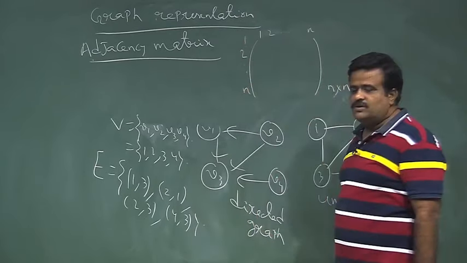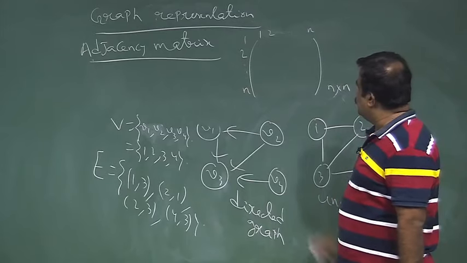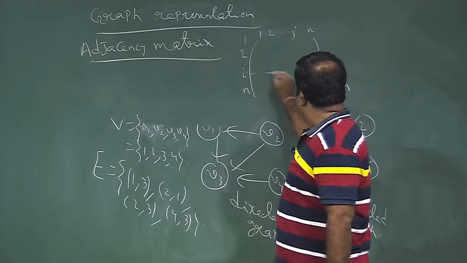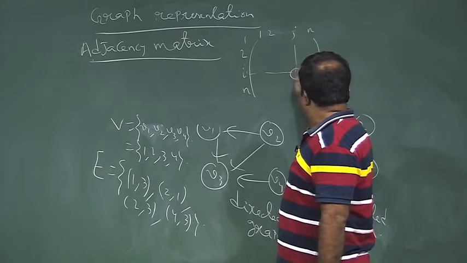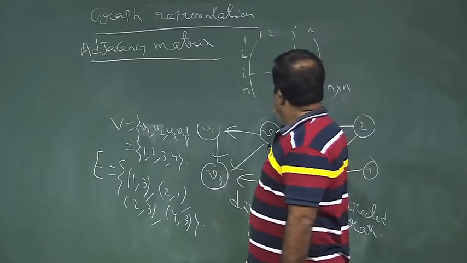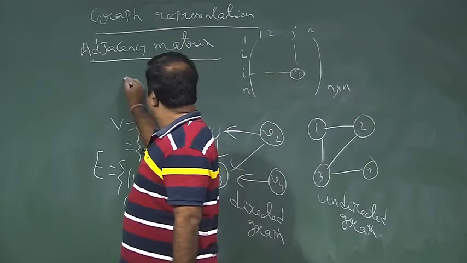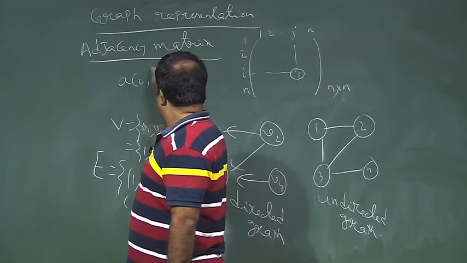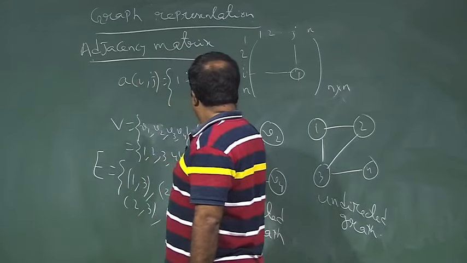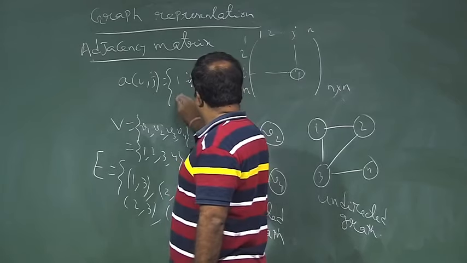This matrix will be a 0-1 matrix. If this is the ith vertex and this is the jth vertex, the ijth element a_ij will be 1 if ij is an edge, 0 otherwise.